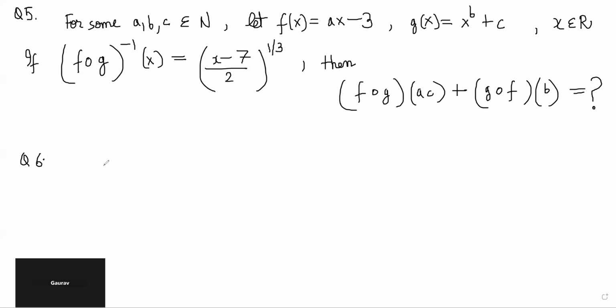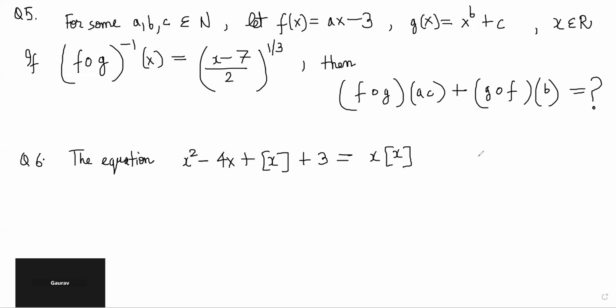And the last question is, one second. The equation x squared minus 4x plus [x] plus 3 is equal to x times [x].